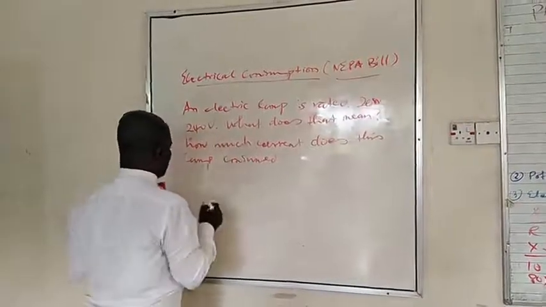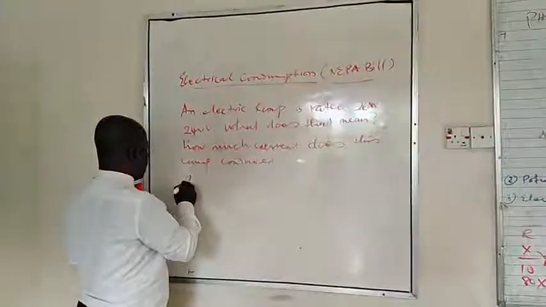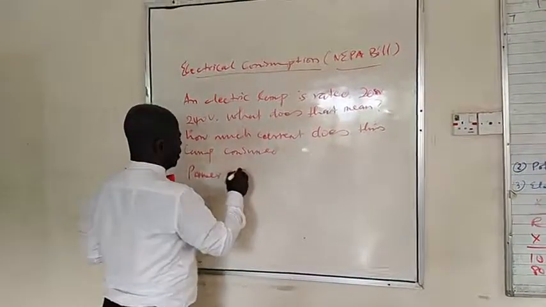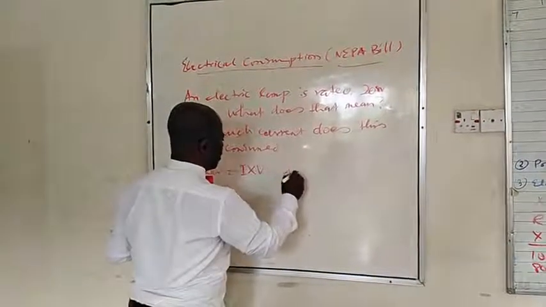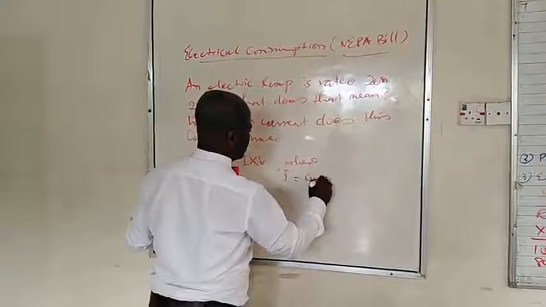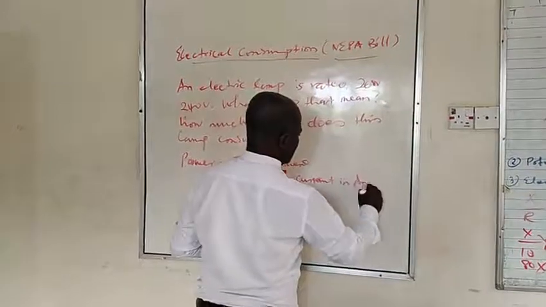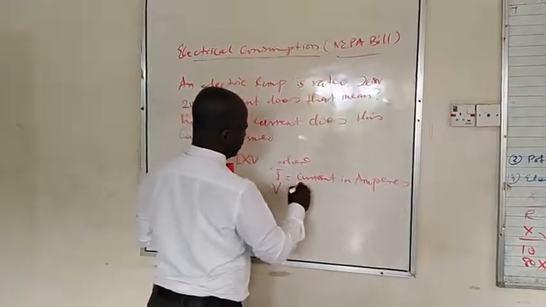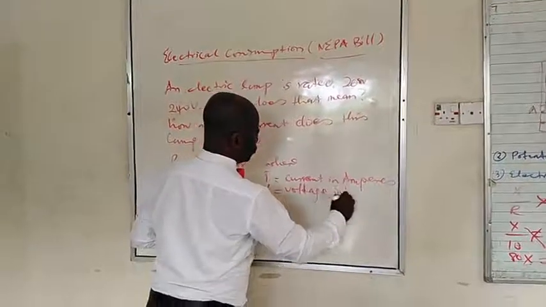Now, power is generally defined as P is equal to IV, where I is current in amperes and V is voltage in volts.